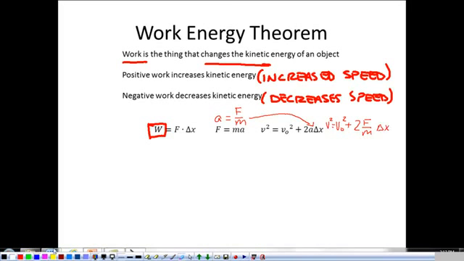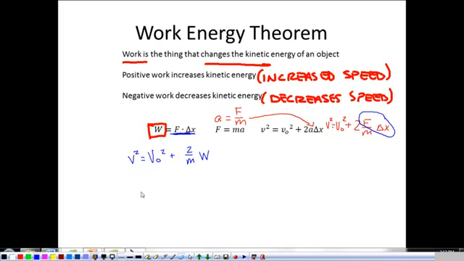Now this force times delta x thing should look familiar to us. It's work. So instead of writing force times delta x, we're going to rewrite this as v squared equals v initial squared plus 2 over m times work.